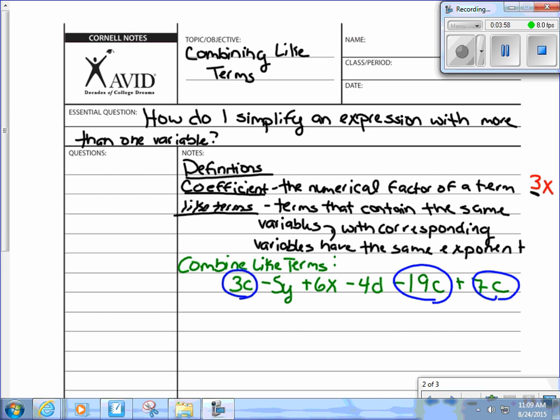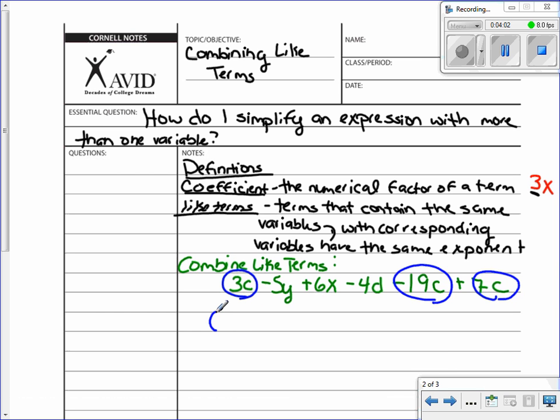So what you do when you combine like terms is you take the coefficients out in front, you just combine them. So we have 3 minus 19 plus 7. Remember the order of operations. Technically, addition comes before subtraction, but when it comes down to this, you just go from left to right.